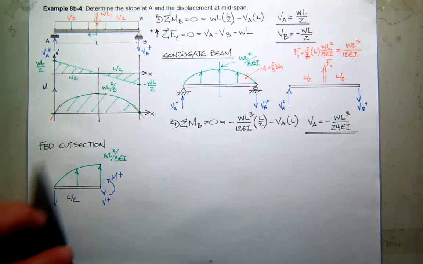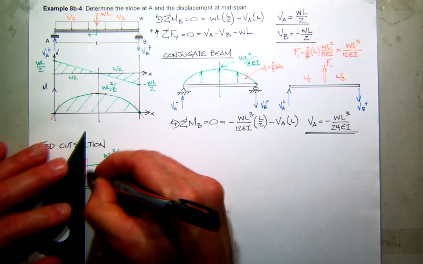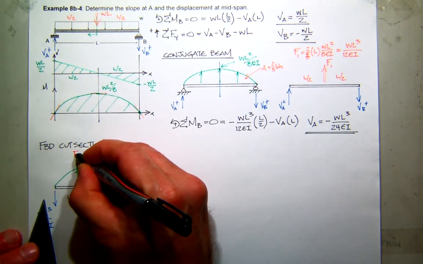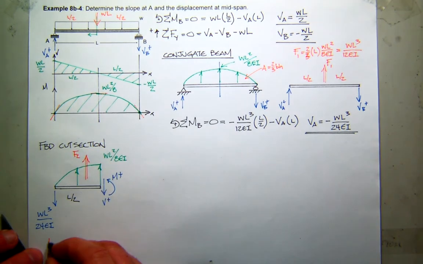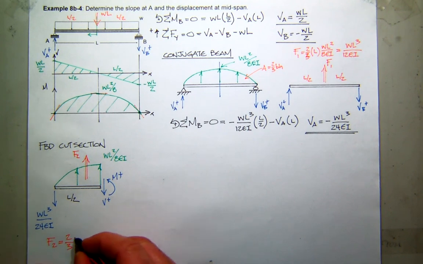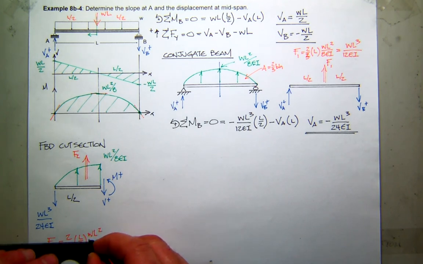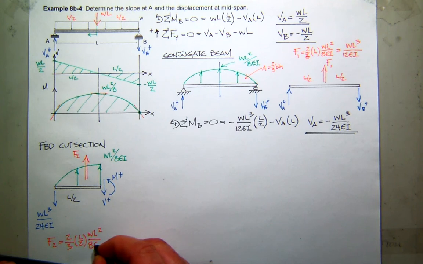So I can find this force. I'll call it F2. So I know what F2 is going to be. It's going to be 2/3 the base, which is L over 2, times the height, which is WL squared over 8EI.